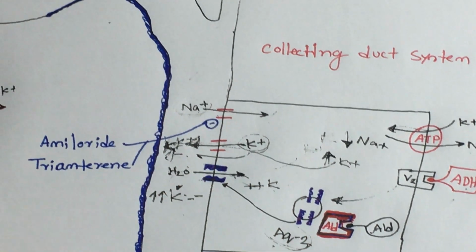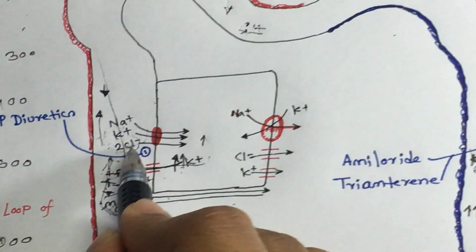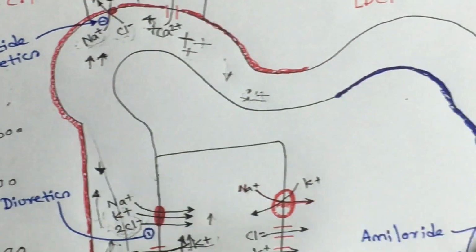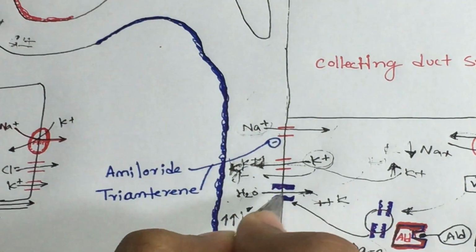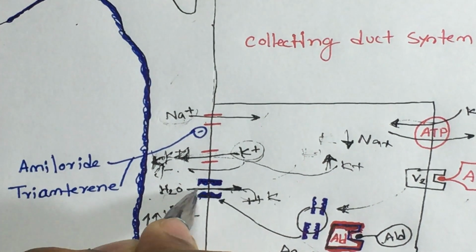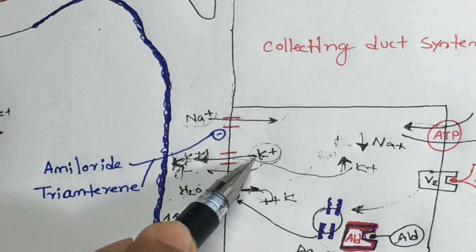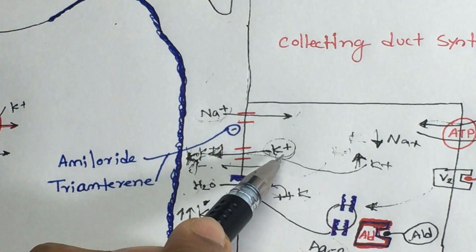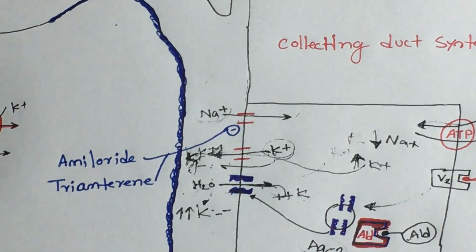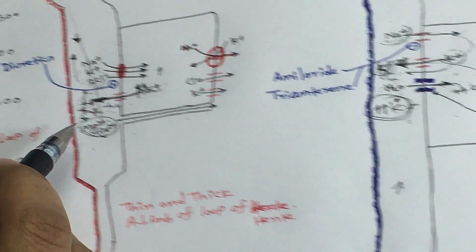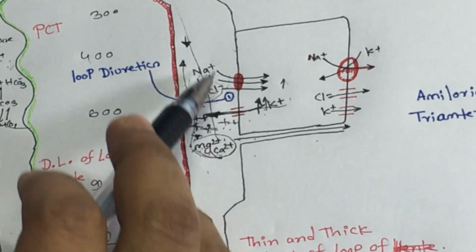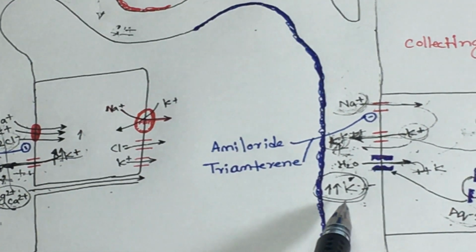And another thing, we are also excreting this chloride, so it carries the negativity. So this negativity will attract this potassium ion to be excreted from the cell into the lumen, and it will eventually be excreted in the urine. By using this drug, we increase the tubular flow.